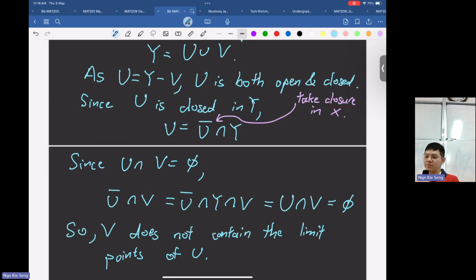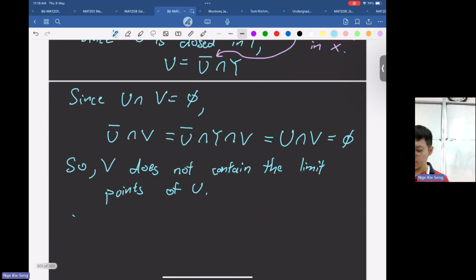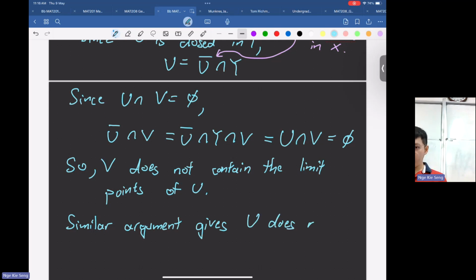So there's no intersection between them. V doesn't contain points in U, and also doesn't contain limit points of U. Okay, so by a similar argument, we will also find that U does not contain the limit points of V. Okay, same argument. It's a symmetry argument.